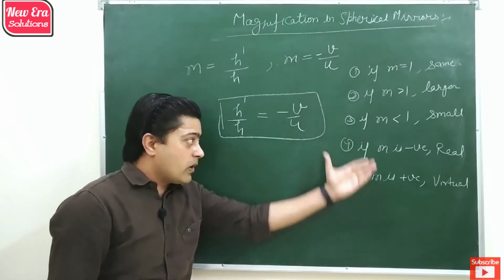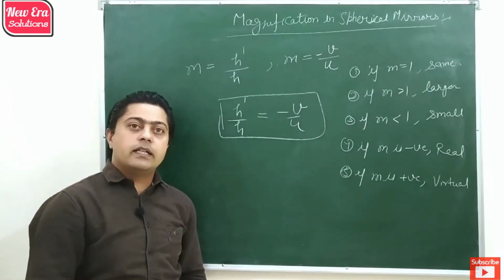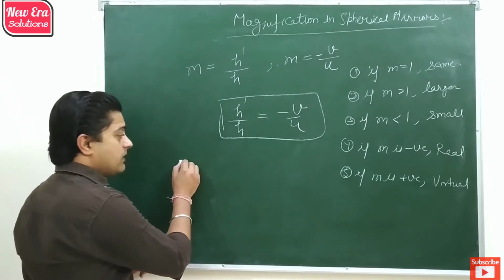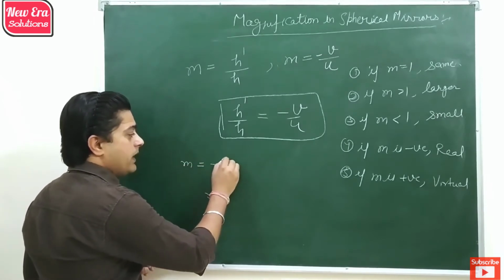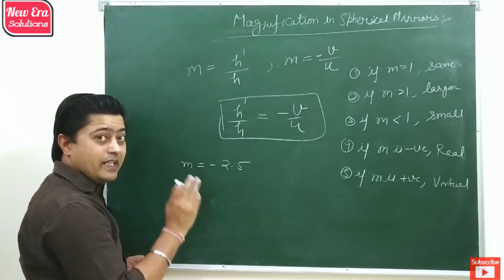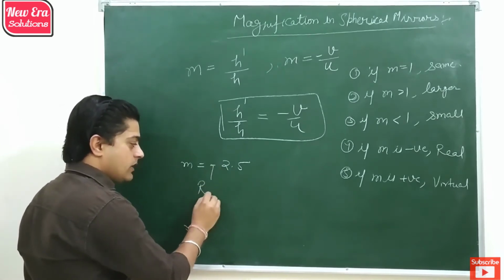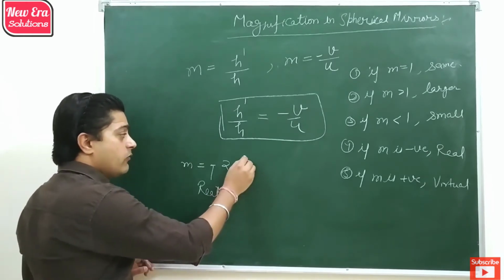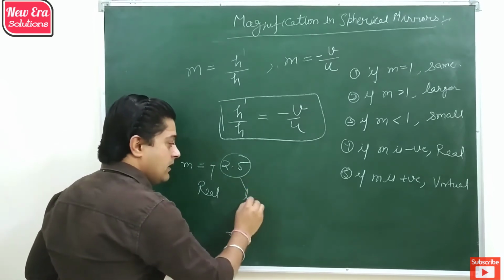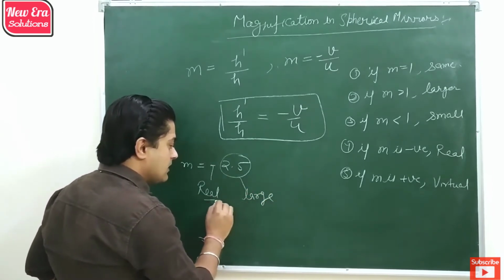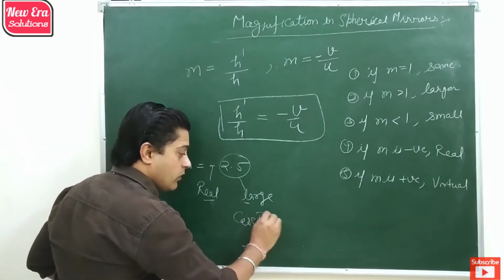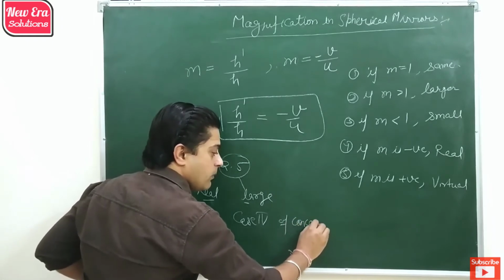By memorizing these 5 properties, we can identify any case of spherical mirror. For example, if we have the value m is equal to minus 2.5, then the sign and value are read separately. The negative sign shows that the image is real. The value 2.5, which is more than 1, shows that the image is large. So a large real image is formed in case 4 of the concave mirror.